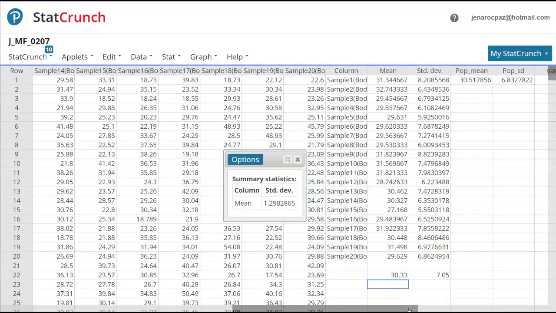It's going to be 1.29. Okay. So if this is our distribution, this distribution of means has a mean of 30.33 and the standard deviation is 1.29.